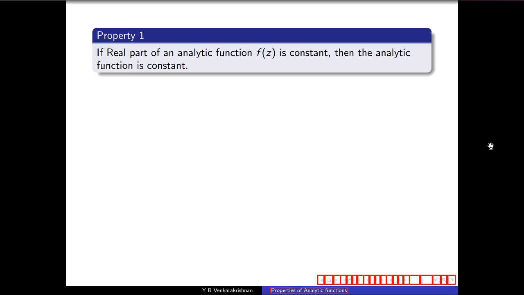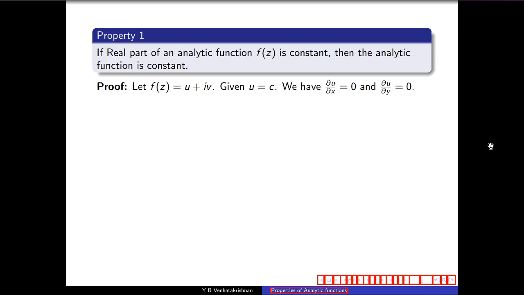Suppose we are given an analytic function f of z is equal to u plus iv, and if the real part, namely u, is a constant, then the entire analytic function is also constant.